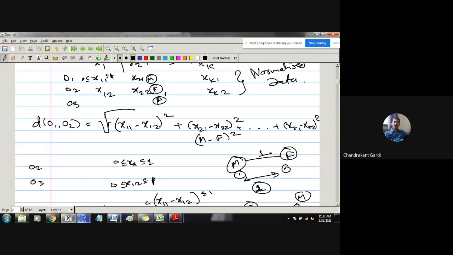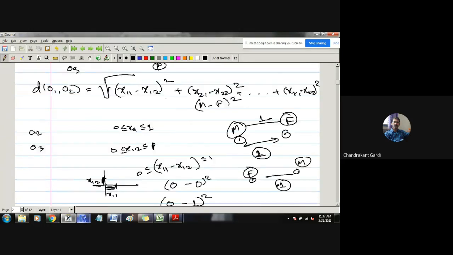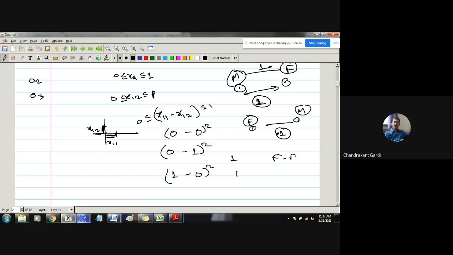On a gender line, they are not distinct, as both these persons are female, and therefore this difference will be taken to be 0. So F minus F will be 0, M minus M will be 0, and M minus F or F minus M will be taken to be 1.